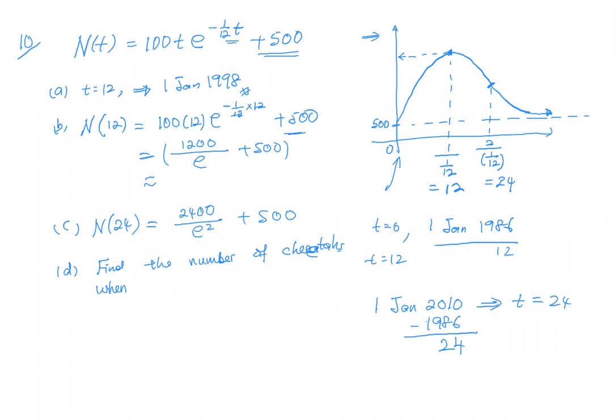Are you sure the rate of change for this one is maximum? If I plot, this is the number graph, correct? If I plot the rate of change graph, isn't it the rate of change graph is going like that?